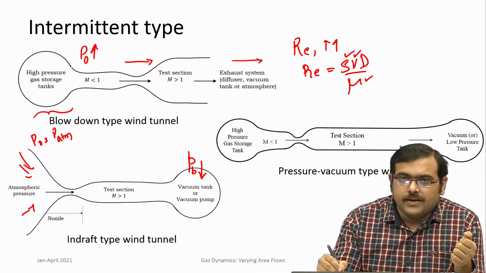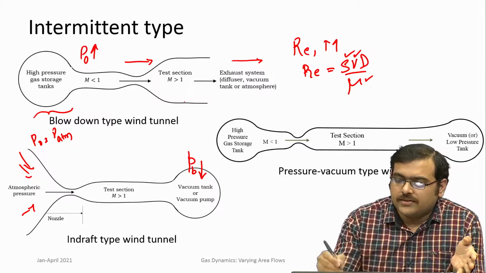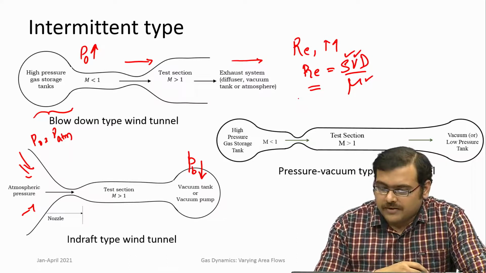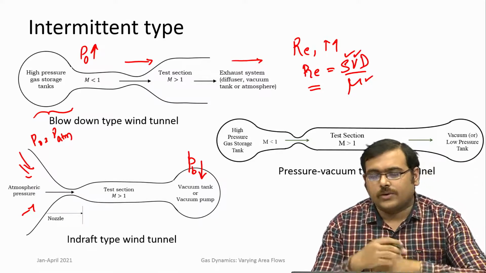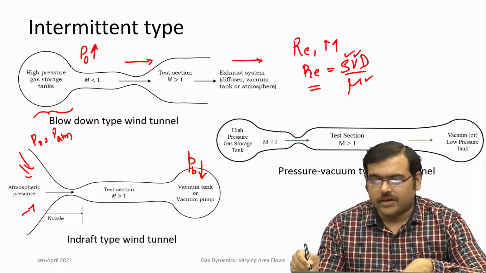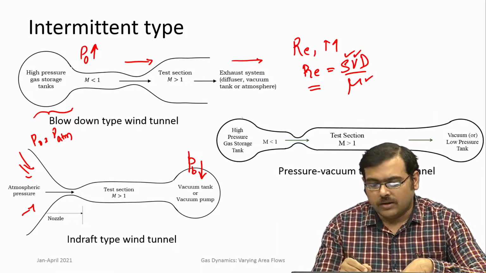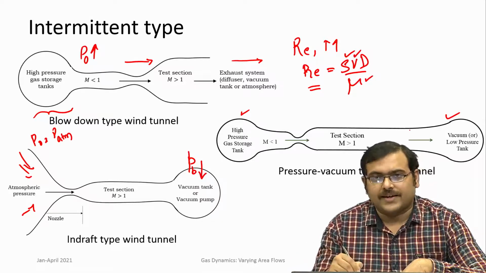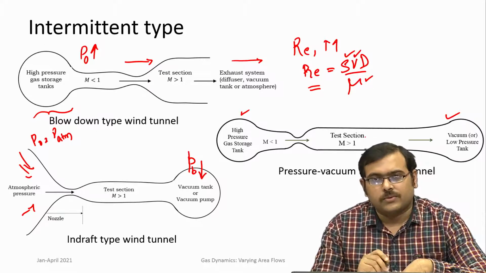So, in certain kinds of facilities you get certain Reynolds numbers, in some other kinds you get different Reynolds numbers. Okay. So, you can combine the benefits of both of them and have a pressure vacuum driven wind tunnel where you have both high pressure and vacuum on either side. Okay. So, this is also possible.